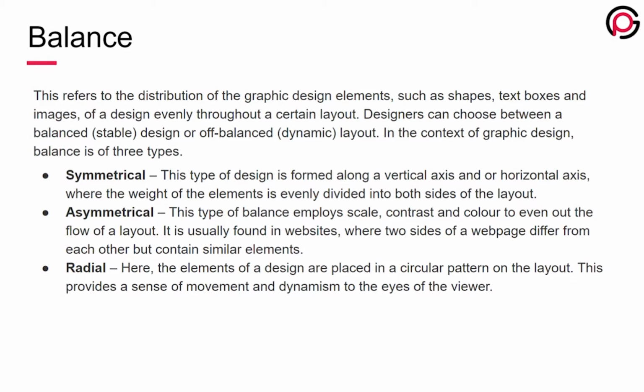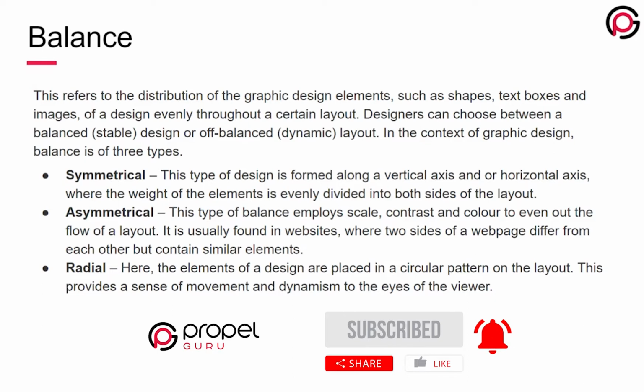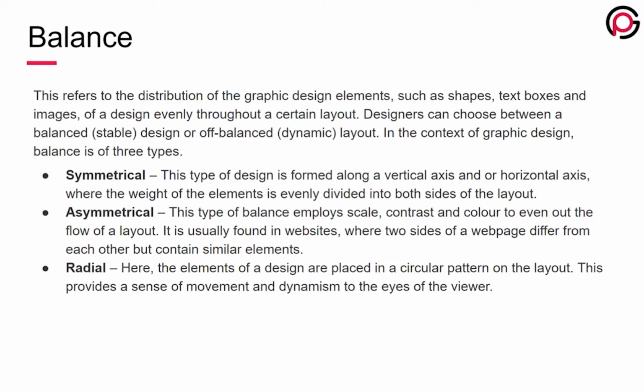Symmetrical balance is a type of balance in which weight is equally divided on the horizontal and the vertical axis. Next is asymmetrical balance. In this, the elements placed on both sides are not balanced, meaning one side has more elements than the other.